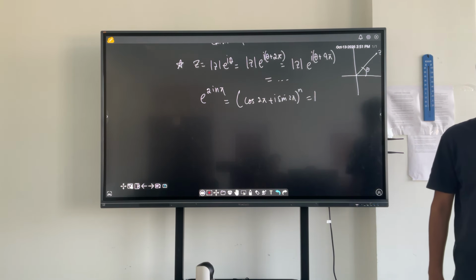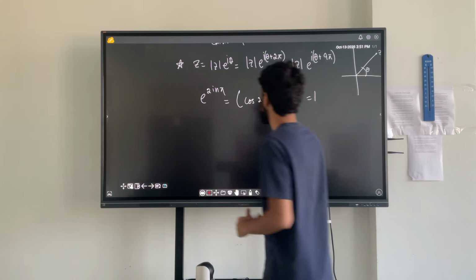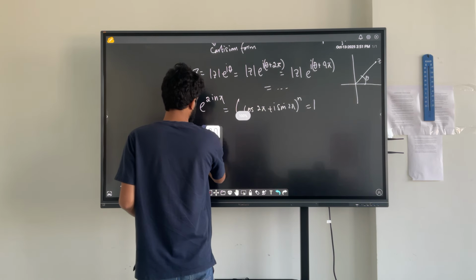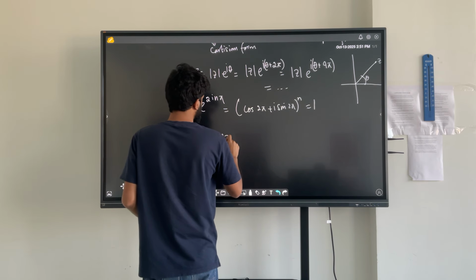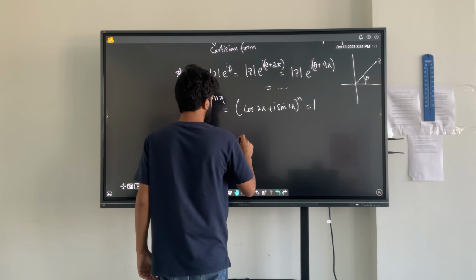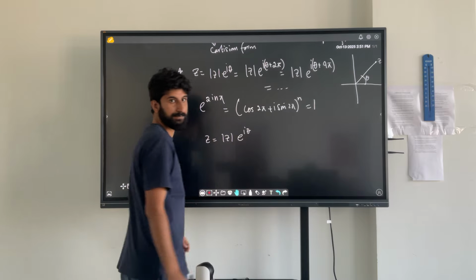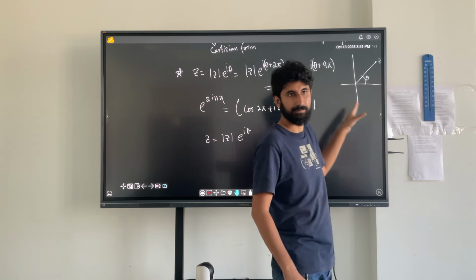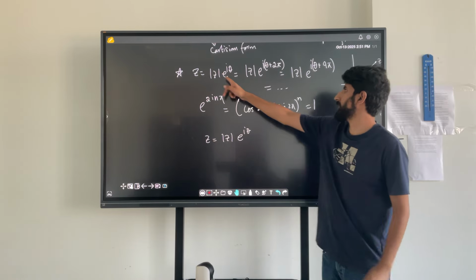Let's say my z is mod z e power iθ, and θ lies between 0 and 2π. I'm working with this representation.